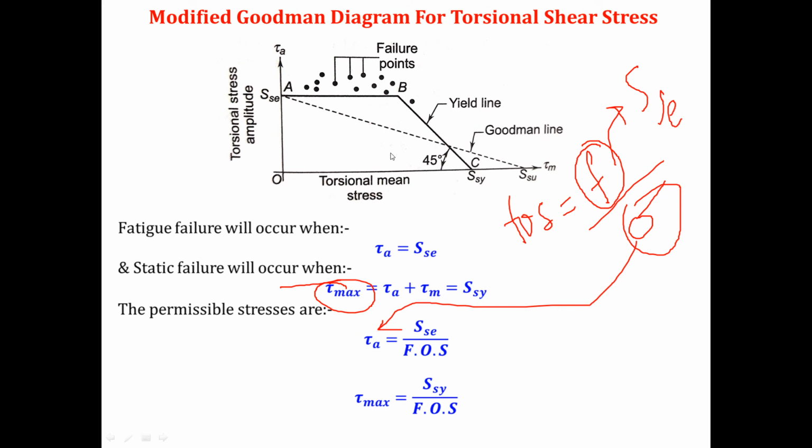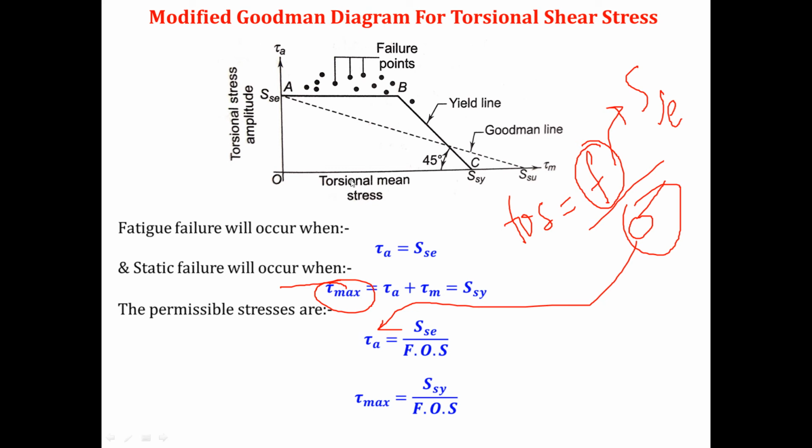I'm not solving the problem related to torsional shear stress because more or less everything will be the same, only this diagram and these design equations will change. Remaining everything is the same, all the procedure is the same. You just see this problem. A solved example is there, that is modified Goodman diagram for torsional shear stress.